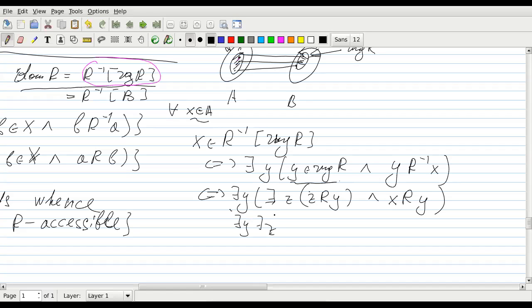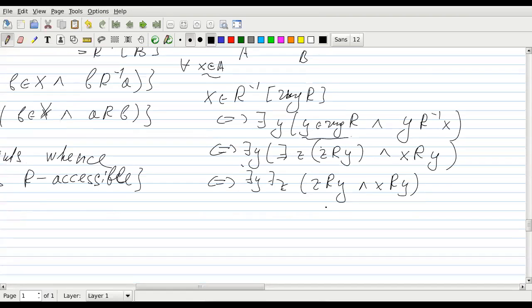Я этот квантор выношу, потому что вторая часть конъюнкции от него не зависит. У нас существует такой z и y, что можно из z попасть в y, и из x можно попасть в y.